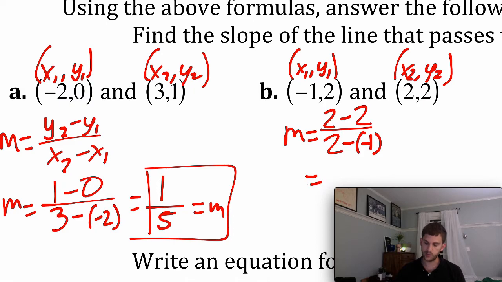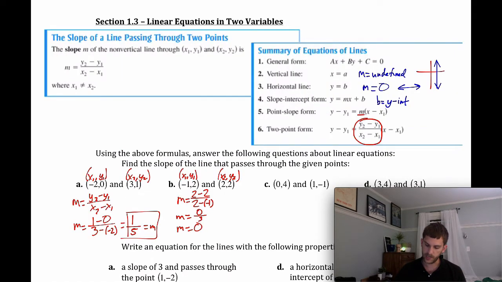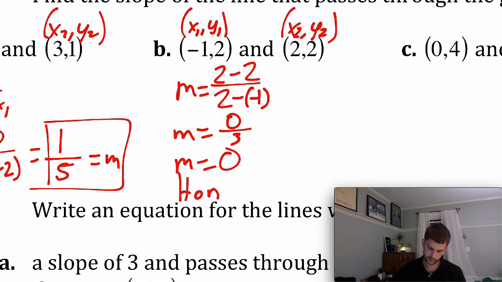Cleaning up that top, 2 minus 2 is 0. Denominator, 2 minus negative 1 is the same as 2 plus 1, which is 3. So we end up with m equals 0. Going back up over here, we had an m equals 0. That's going to be a horizontal line.